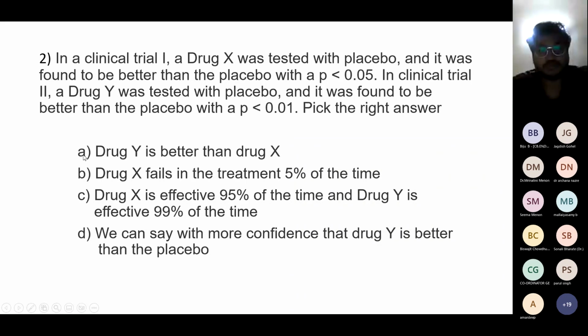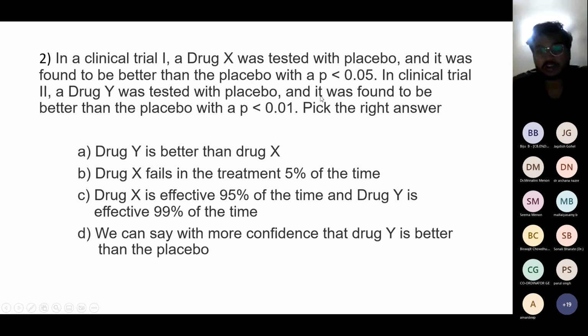So we can't say statement A. Also, we don't know the exact p-values, so we don't know the chances of X failing and being effective, or of Y failing and being effective. If we were given an exact p-value, say p equal to 0.03 for X, we could have said that drug X fails 3% of the time and is effective 97% of the time.